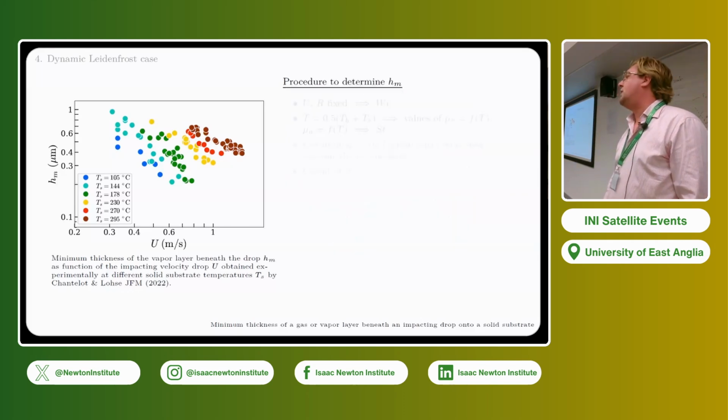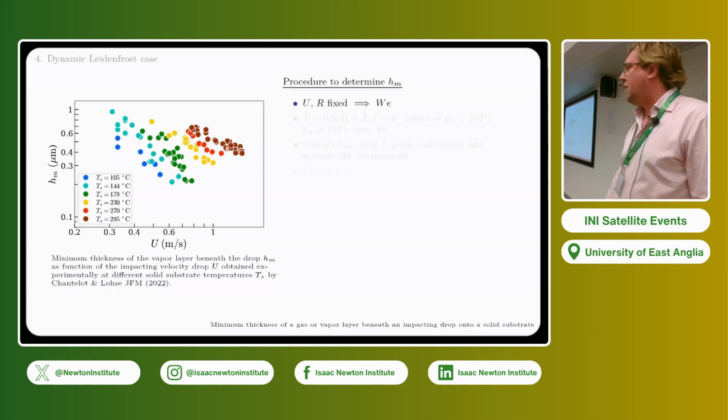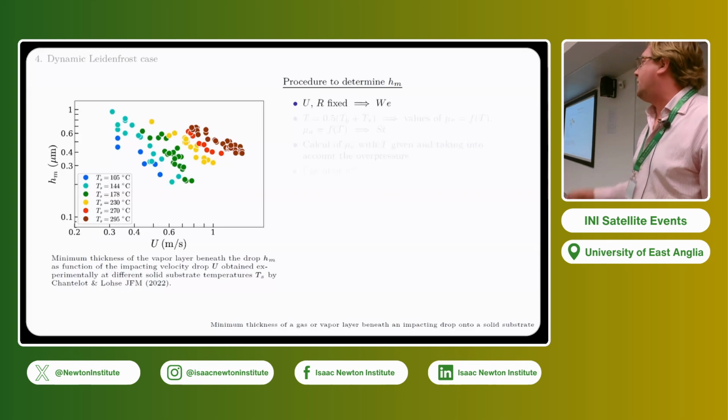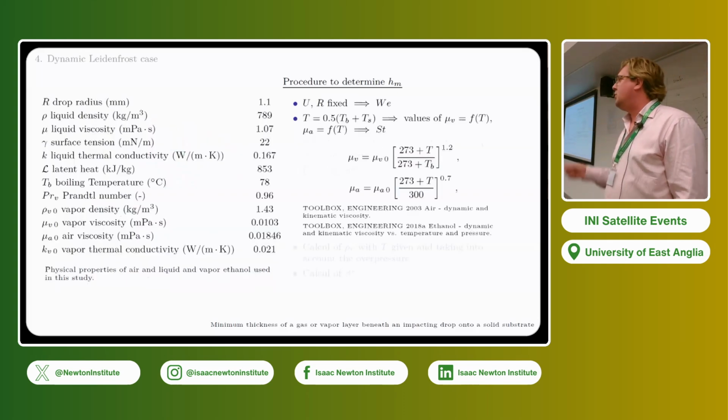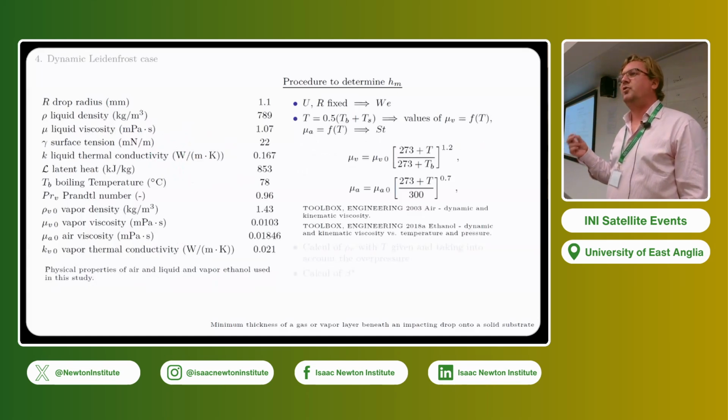I put the procedure to calculate this because you need to take into account the temperature, so it's not easy. You have U and R. We have fixed the Weber number. Now you need to take into account the temperature. Which temperature?